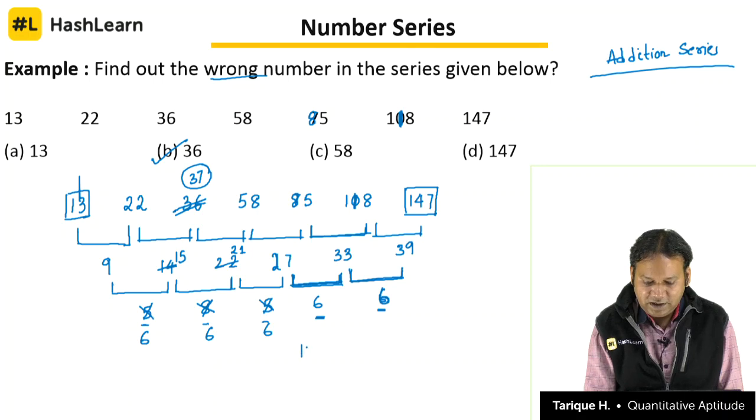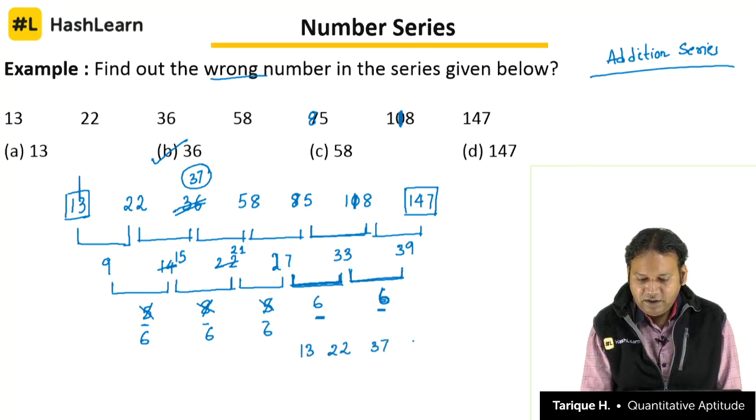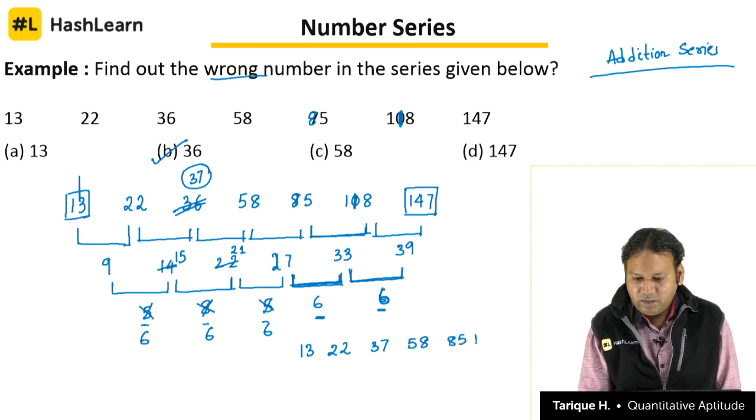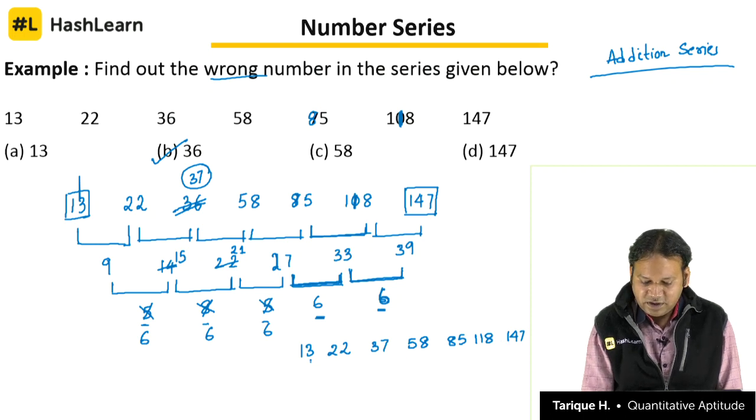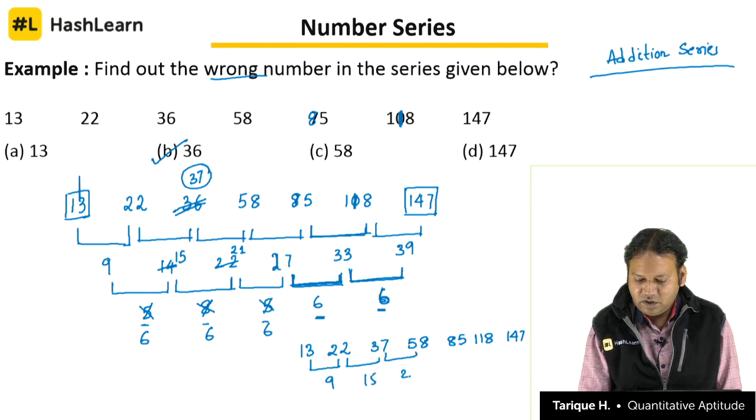So if you see here 13, 22, 37, 58, 85, 118 and 147. So difference here is 9, here 15, here 21. So it all becomes correct. So 9 plus 6 is 15, 15 plus 6 is 21.